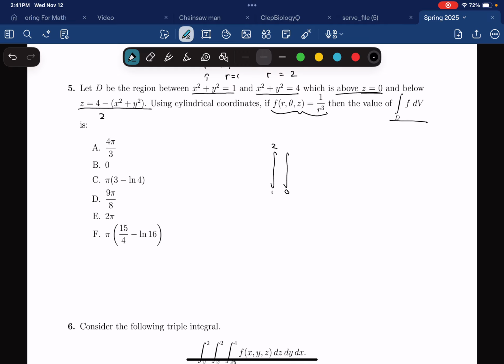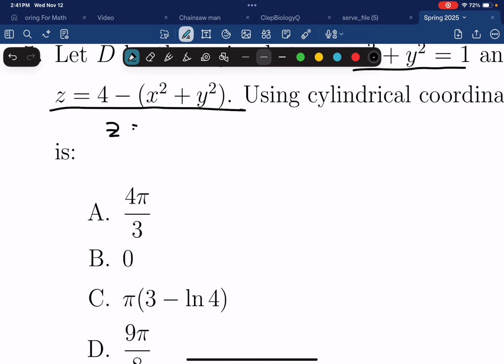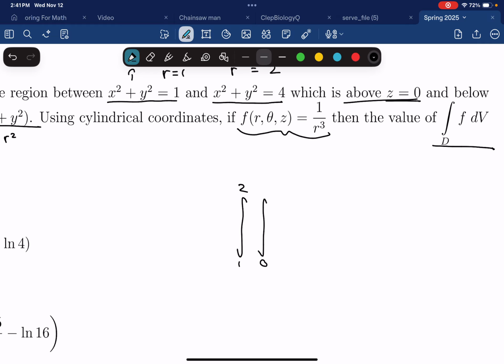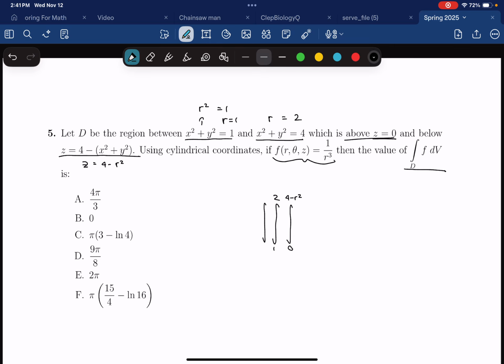And our z is equal to 4 minus r squared, which is our upper bound. And for our theta bounds, we simply know that it is a circle, so 0 to 2 pi. The integrand is 1 over r cubed, which is multiplied by r dz dr d theta.